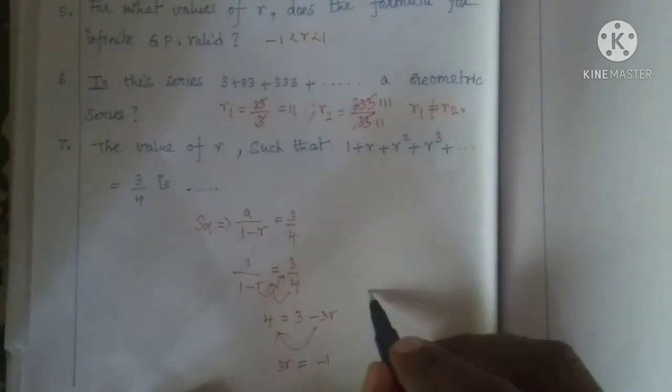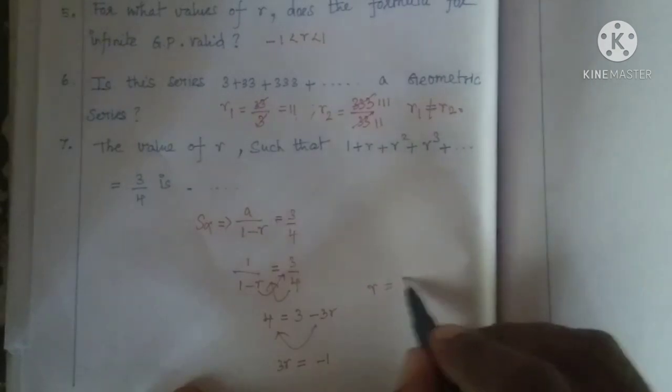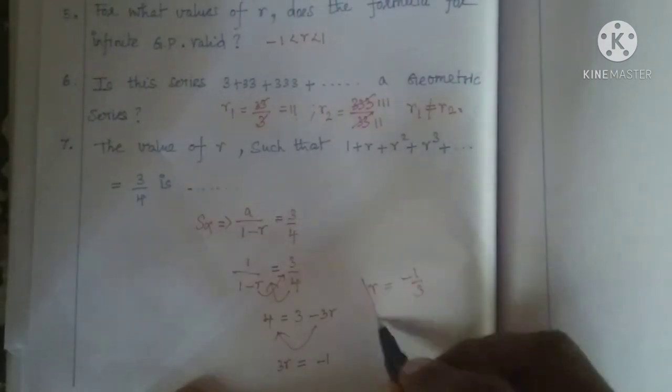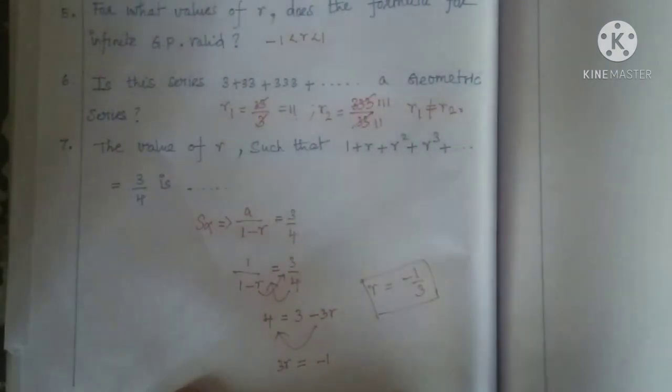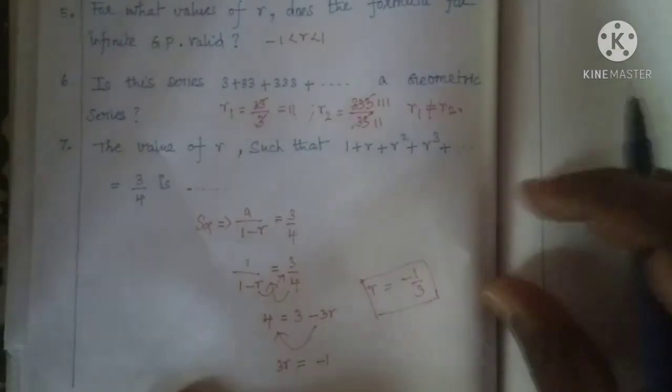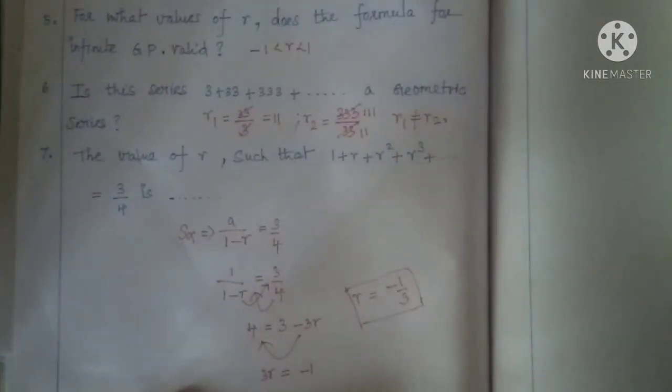So r is equal to minus 1 by 3. The common ratio of this infinite geometric series is minus 1 by 3.